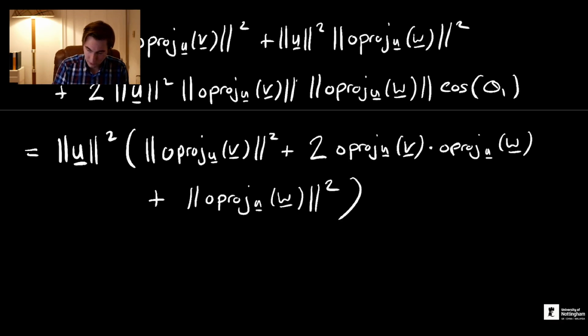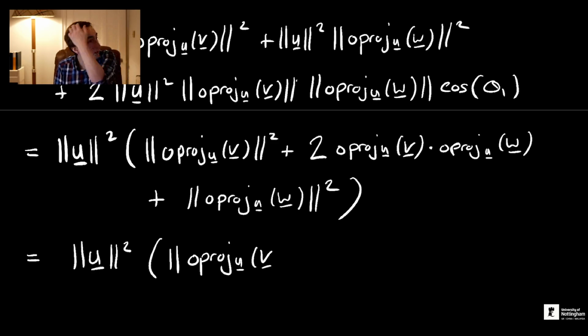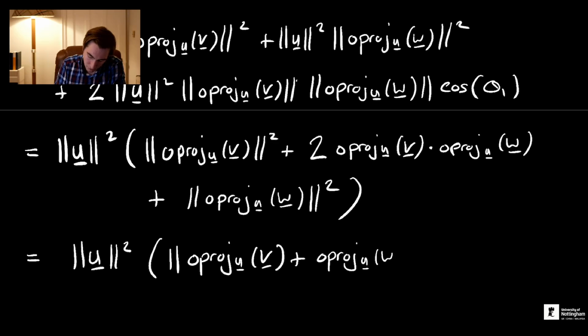Okay, and from this, we can write our final line down now. That is the same as the norm of u all squared times the norm of the orthogonal projection of v onto u plus the orthogonal projection of w onto u all squared.